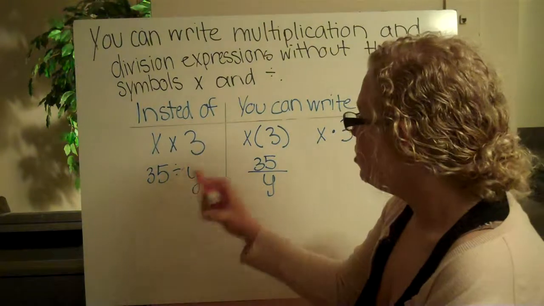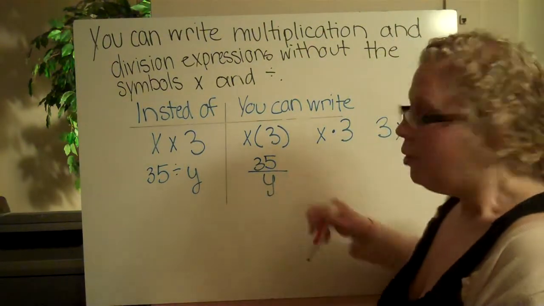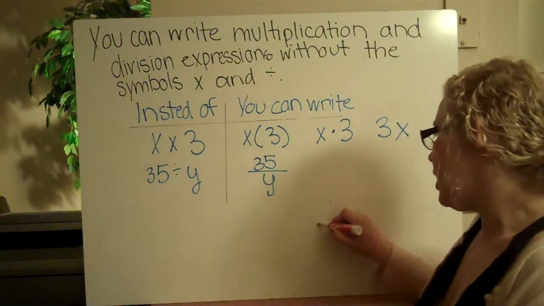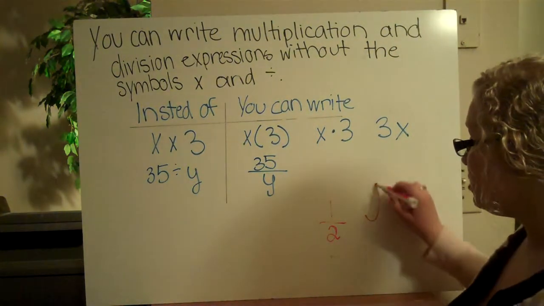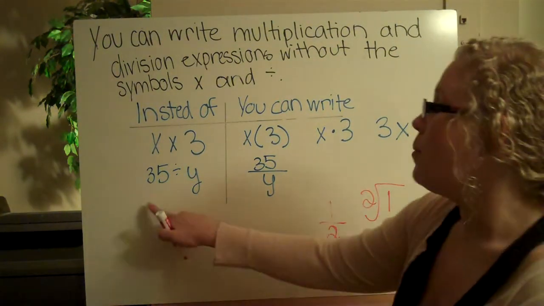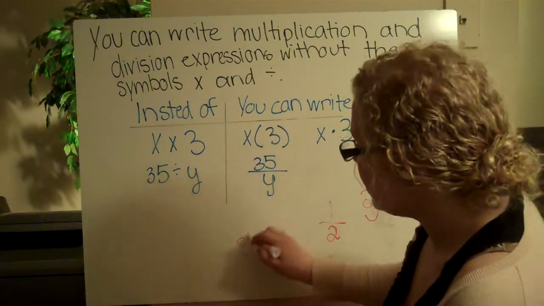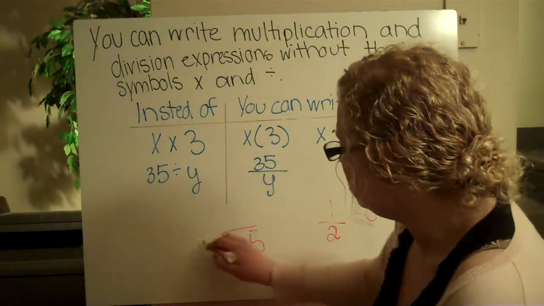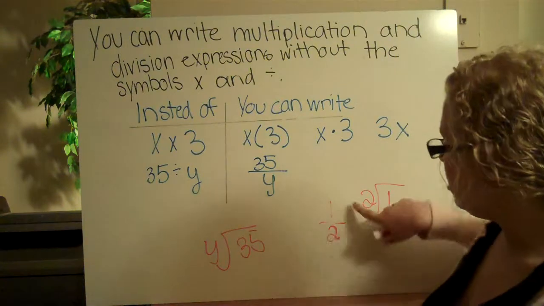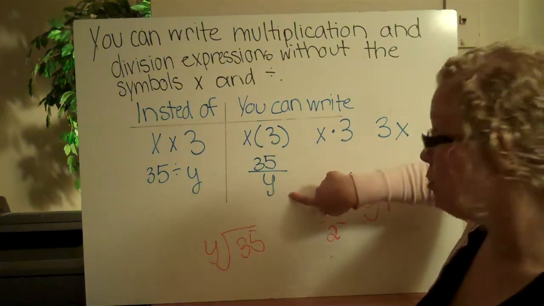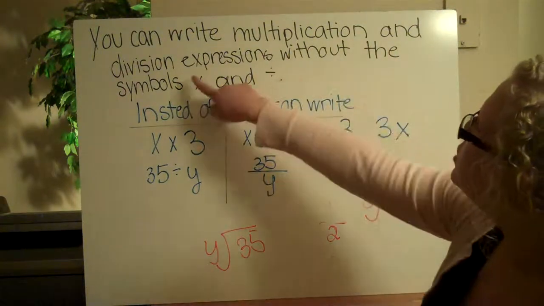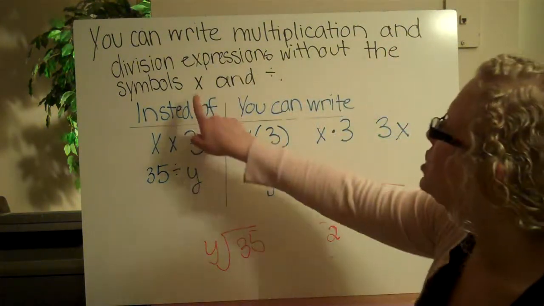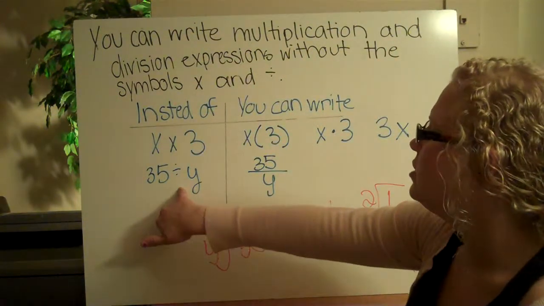For division, we can use our fraction line, because when we say 1/2, 1/2 is really equivalent to 1 divided by 2. So when we have 35 divided by y, it's the same as 35 over y. So this is how we can write multiplication and division expressions without the symbols x and division sign.